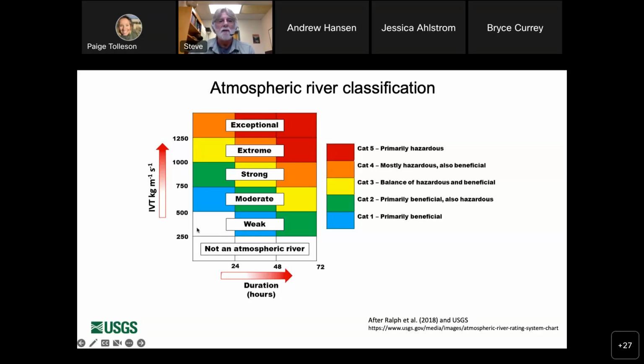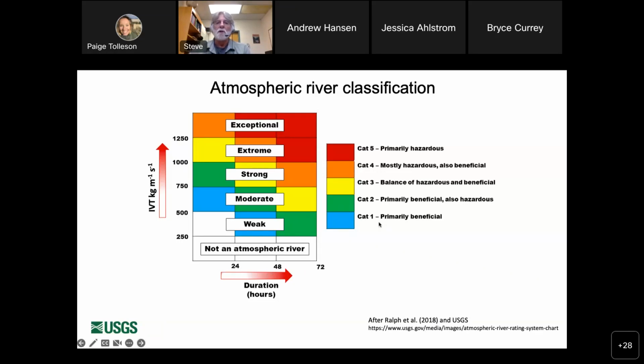Right now, the scale ranges from looking at integrated vapor transport, which is just the winds carrying the moisture along, and the duration of the event ranging from 24 to 72 hours. The scale goes from not a river if the IVT is low, all the way up to exceptional when the IVT value is 1250 or more, and the duration is up to 48 or 72 hours.